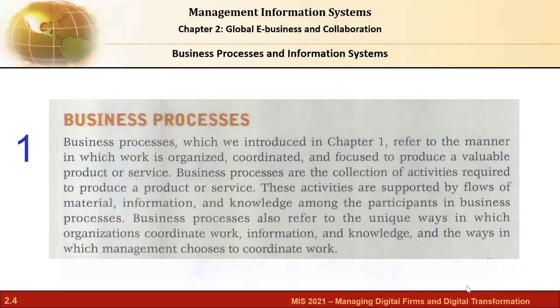These activities are supported by flows of material, information, and knowledge among the participants in business processes. Also, business processes refer to the unique ways in which organizations coordinate work, information, and knowledge, and the ways in which management chooses to coordinate the work. So, in short, it is a way that work and activities are organized and coordinated to provide products and services to the market.